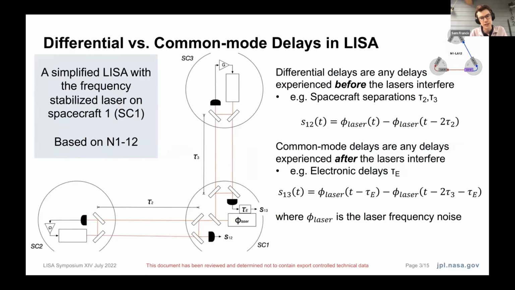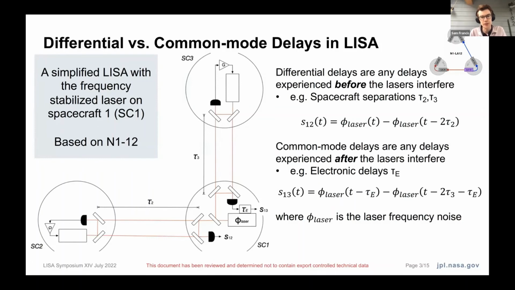With phase locking, that laser frequency noise is then getting transponded back to the spacecraft 1. And so when we talk about differential delays, these are the delays that are experienced before the lasers interfere. So in this diagram, tau2 and tau3, which are the inter-spacecraft delays that we're familiar with in TDI, we would call these differential delays.